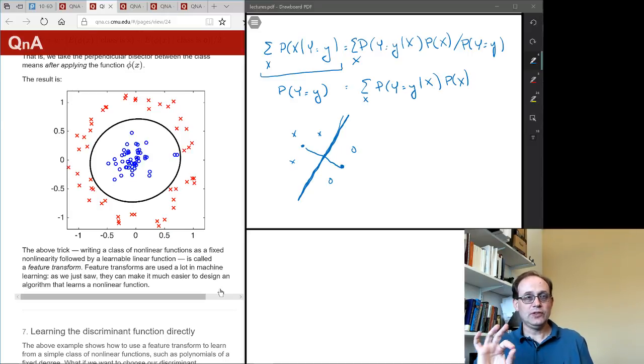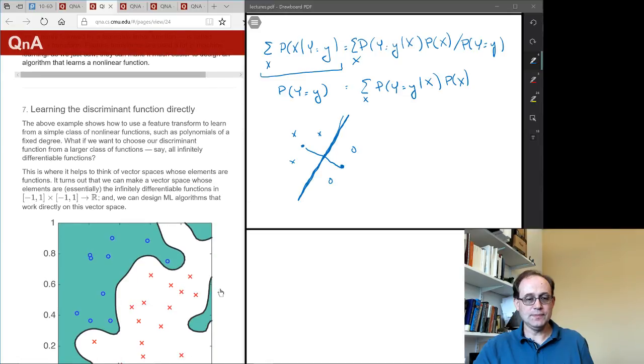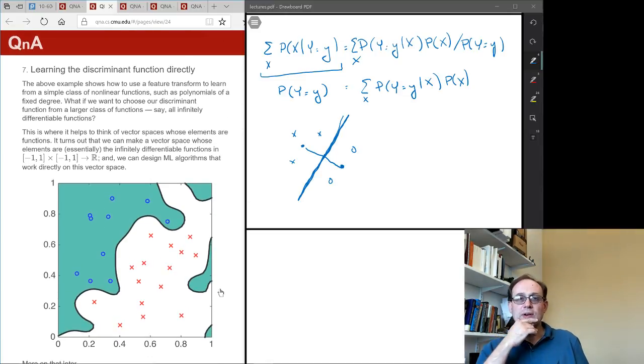All right, so what I'm going to do next, well, won't completely do it, but I want to talk about the idea that the vector space that we work in for our discriminant function can be even more complicated, right? So we moved from R2 to R5. Both of those are examples of Rn, so we didn't make the complexity much higher.